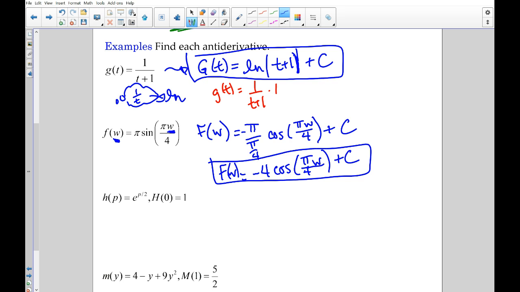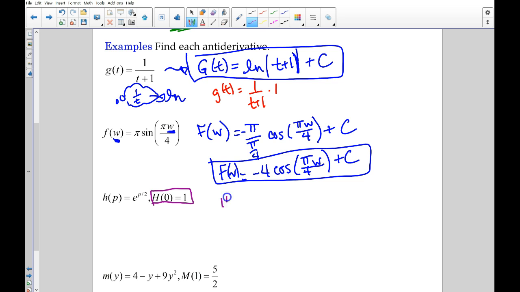For the next one, h of p, notice that we're given the form of an initial condition. So in this example, we're going to find a specific antiderivative. Now, h of p is a derivative.